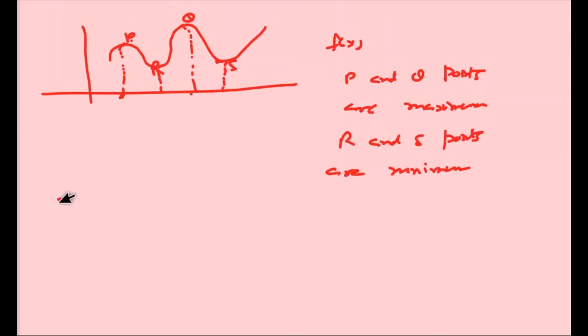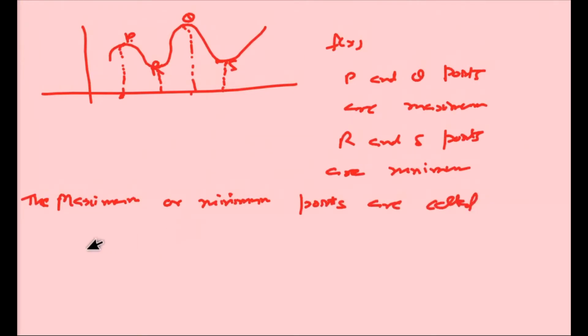So we can say maximum or minimum points are called turning or stationary points.